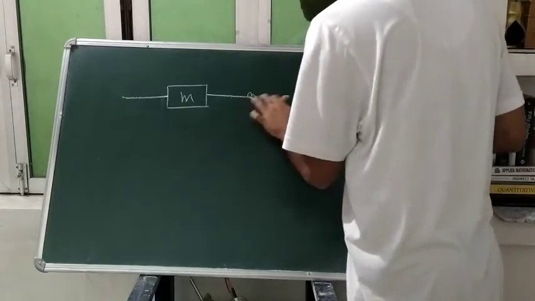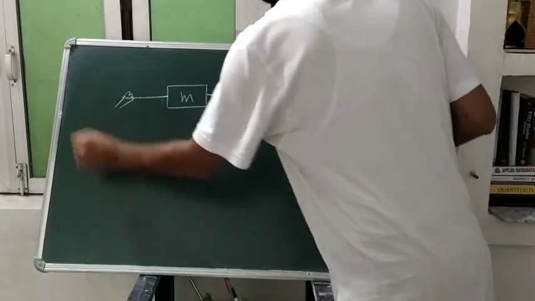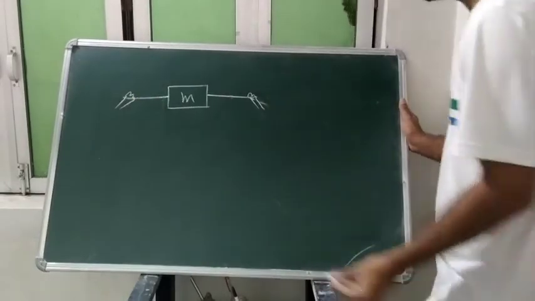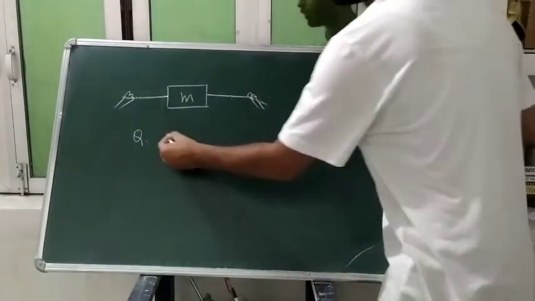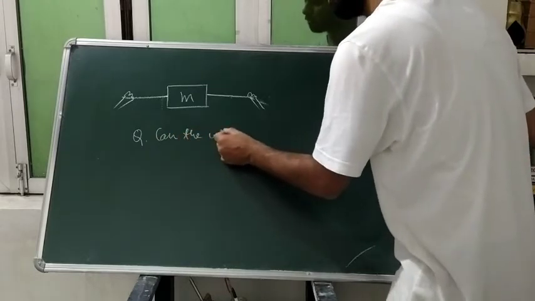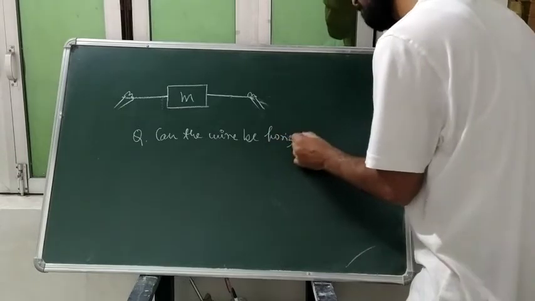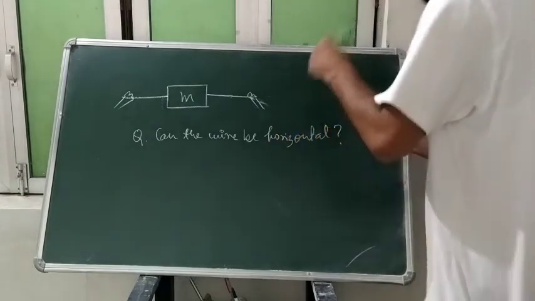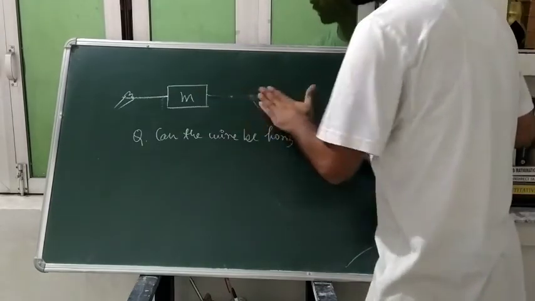Okay, a person is holding it from this side and this side, and our question is: can the wire be horizontal? Yes, our wire will be horizontal in this case.